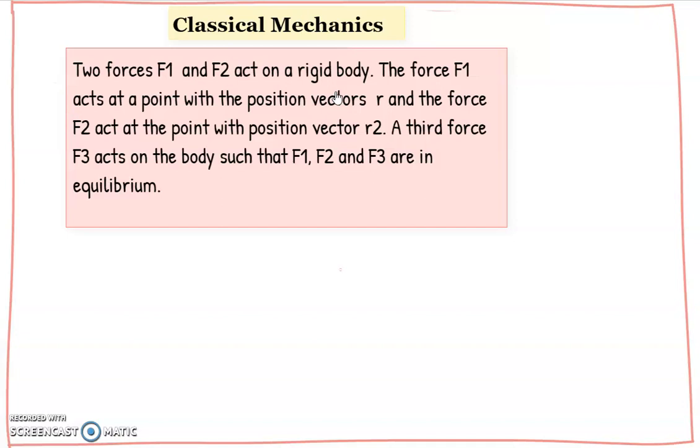It states that an object at rest will remain at rest, and an object in motion remains in motion at a constant speed and in a straight line unless acted on by an external or unbalanced force. Those who are doing physics will know what we mean by an unbalanced force.